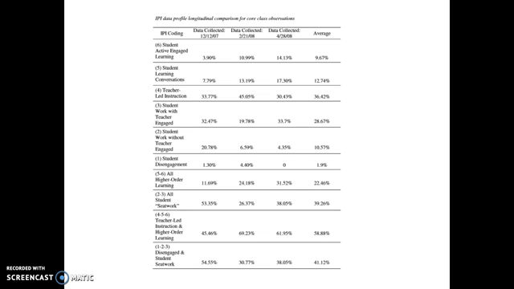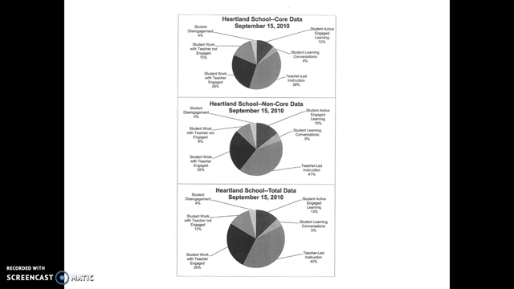And remember back to what I just shared about the research showing that in categories 4, 5, and 6, highly effective schools will spend 75% or more of their time in those 3 categories. And then you can also break it down into the pie charts as well, based upon your core and non-core data and total data. So when the IPI is conducted, it is separated by core versus non-core, and then a total picture for the whole school as well.